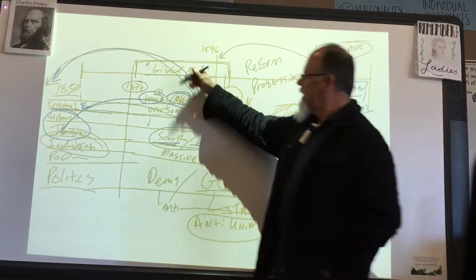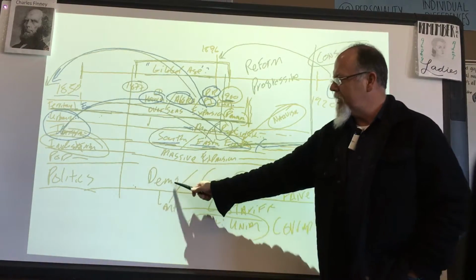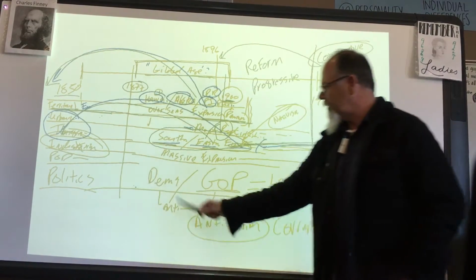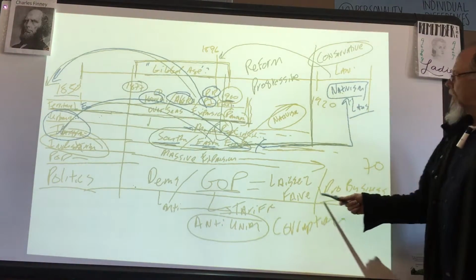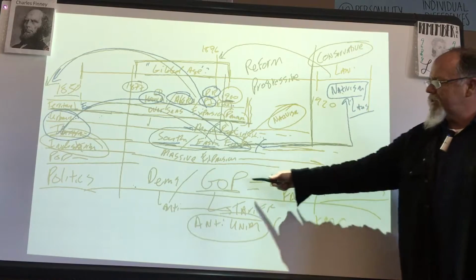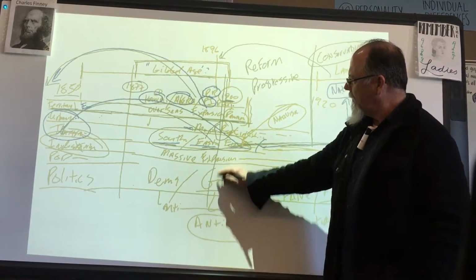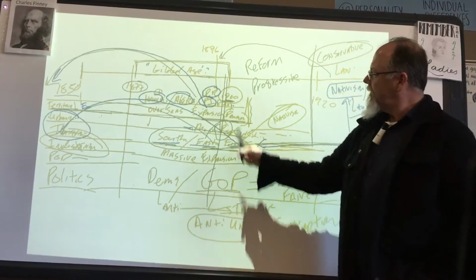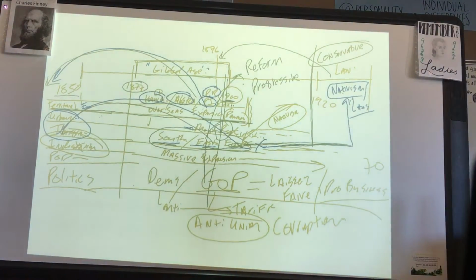And so here, it's laissez-faire. When we talk about politics, another one, politics, Democrats and Republicans. Laissez-faire is the attitude for both of them until 1900. Right around 1900, they are going for government interaction, government intervention.